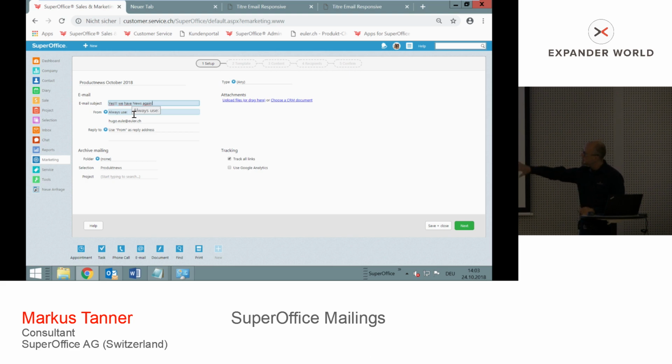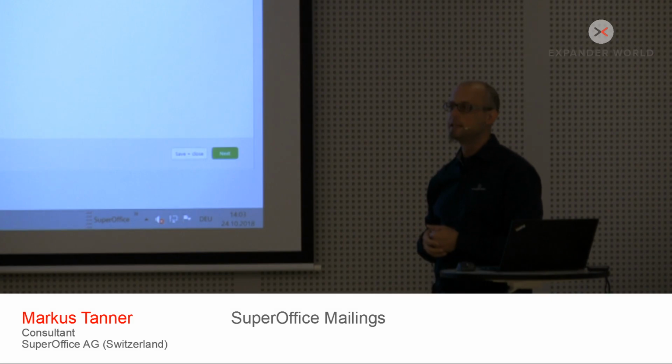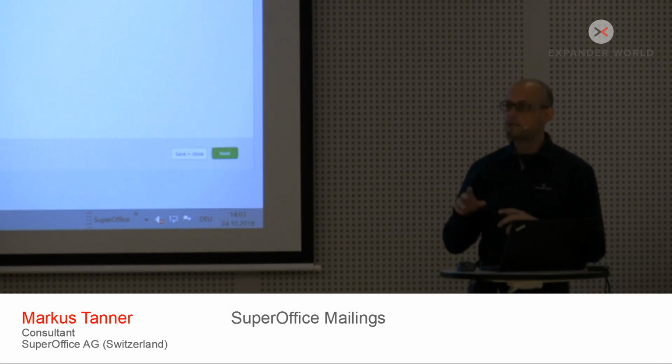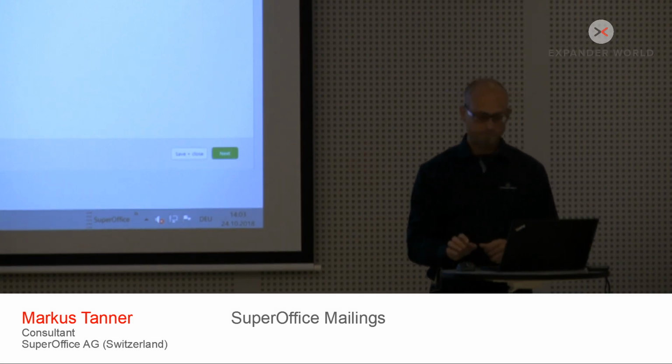But here comes the power when you use SuperOffice itself. Because what you can use now is from whom the mail will be sent. And like you can say, well, it's our contact. Usually the sales guy is the contact owner of a company. So if you send out the mail, it looks like you're getting a personal mail from your responsible sales guy, and not just from news at something.